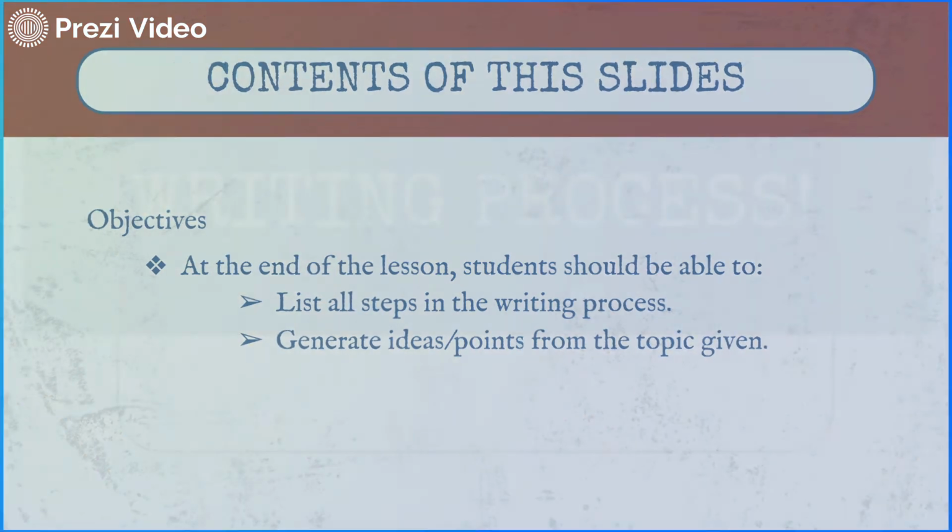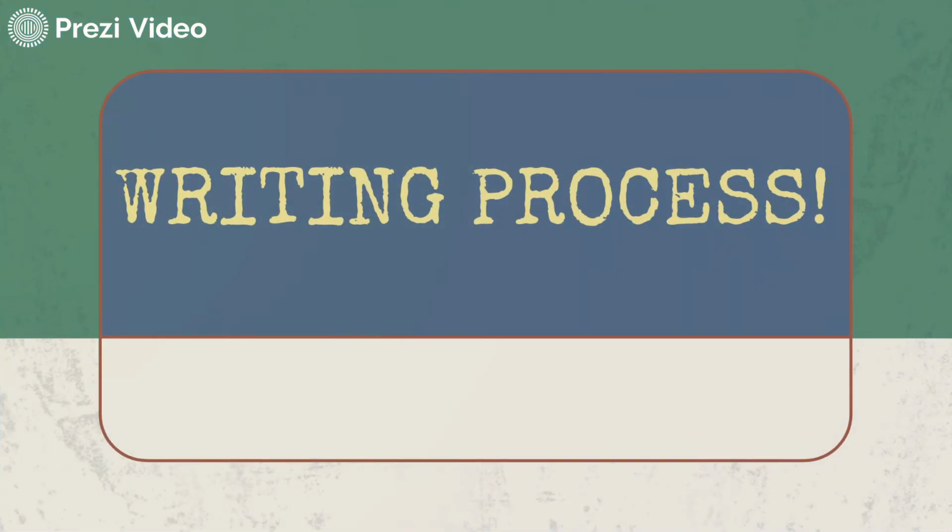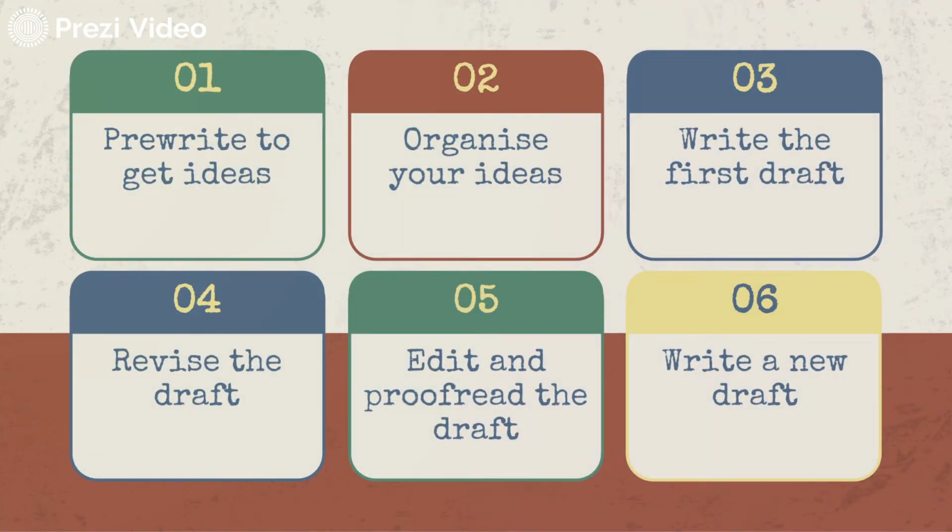Okay, so writing process, let's take a look at what the writing process is, what are the ideas focusing in writing process. Like I mentioned many times just now, writing is actually a process, and like any process, it consists of a series of steps.